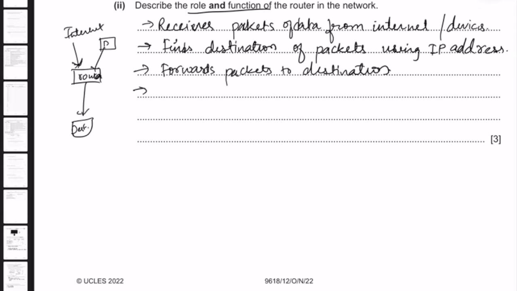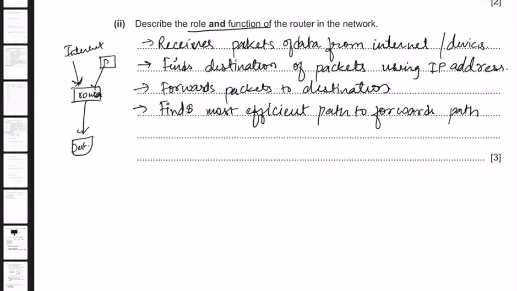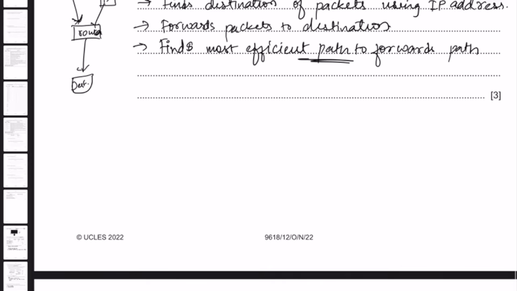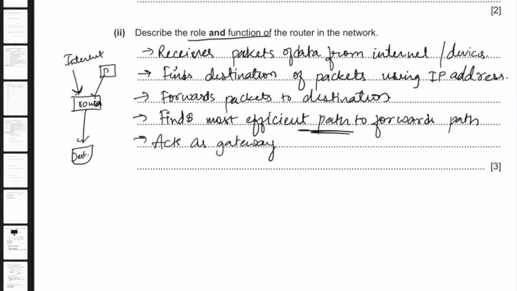You can also say it finds the most efficient path to forward it, which means that it will check for traffic and see which way is most efficient. So this efficient path is important to write. It can act as a gateway. I'm just writing everything that comes to mind. All of these are points on the MS, so any 3 can get you 3 marks for this one.